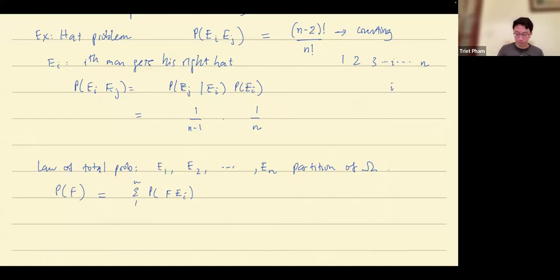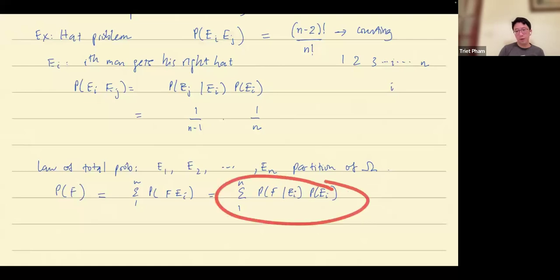And then you can condition on each of the E_i to get the following. It's this form that tends to be used a lot in the future.